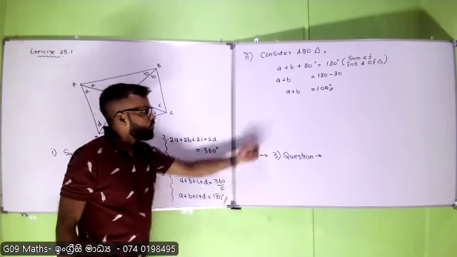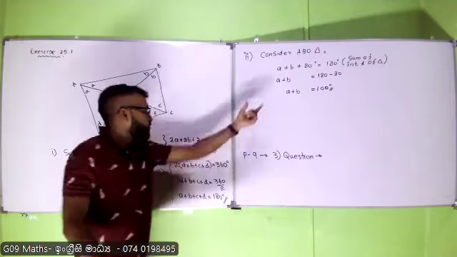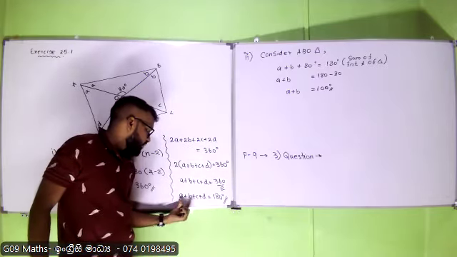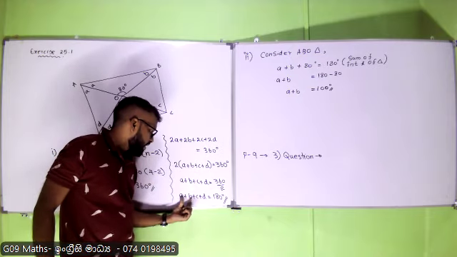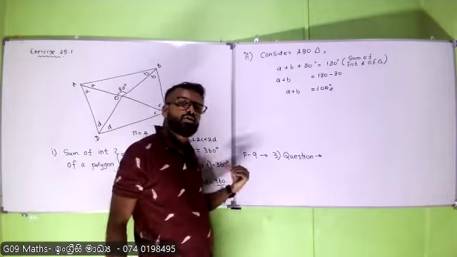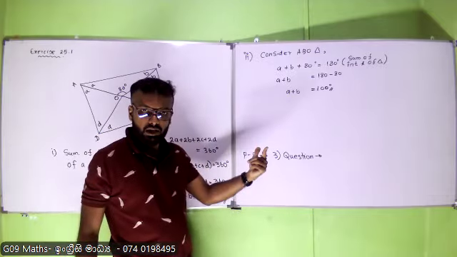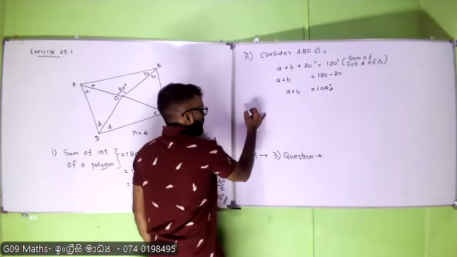Here a plus b equals 100, so we can substitute that value instead of a plus b, so it becomes 100 plus c plus d. Take it to the other side and you can obtain the answer for c plus d.